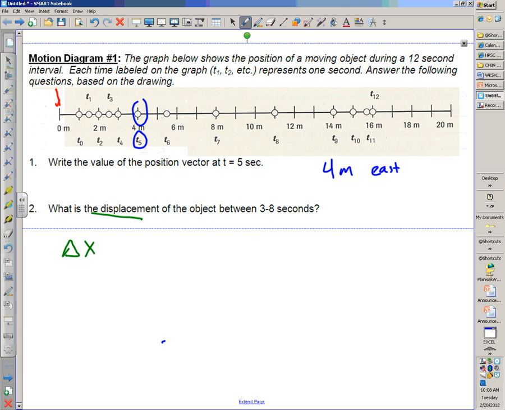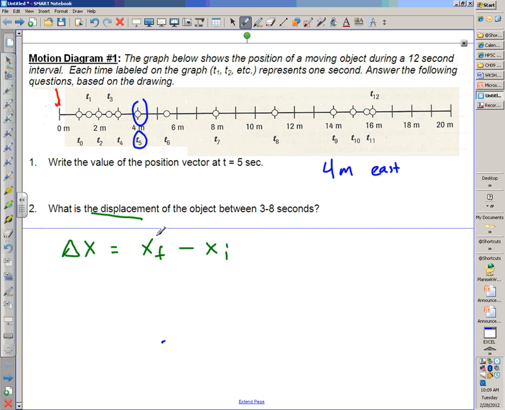The delta representing the change, and then the x representing the position, okay? In order to calculate the displacement of an object, its change in position, what do we need to know? So, say more generally, where it starts and where it ends, right? And so we look at x final minus x initial.